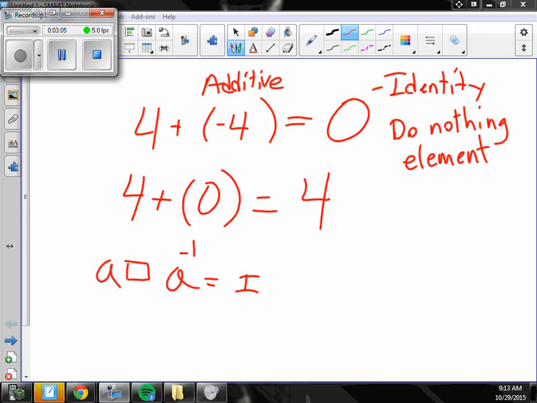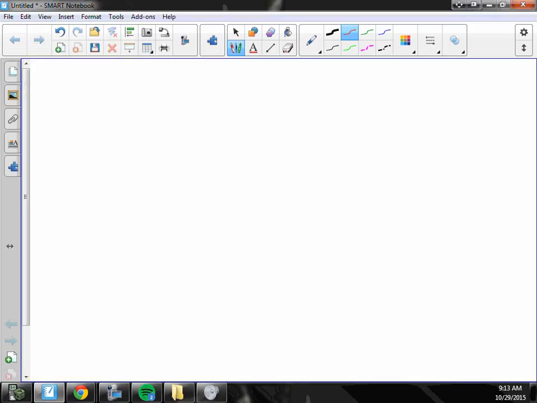And likewise, if you take any element and you combine it with its identity, you are going to get the original element. Okay?